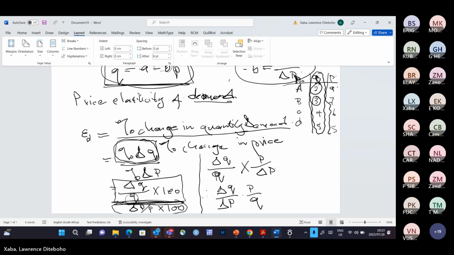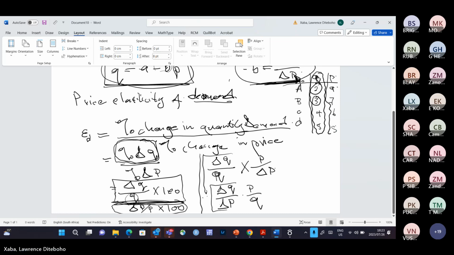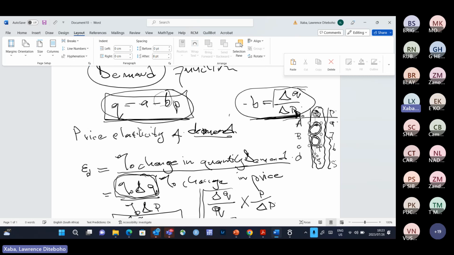And if you remember, I showed you this. I was just reminding you how we calculate our slope: the change in Q divided by the change in P. If you look at this part, it is the same as this one.